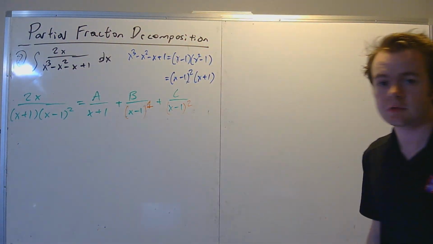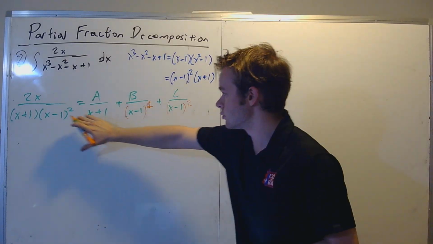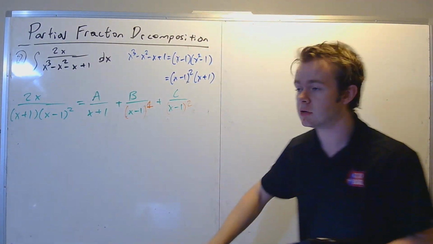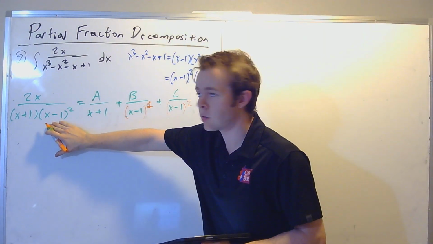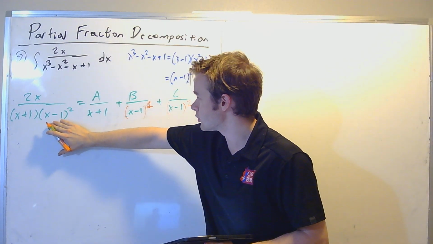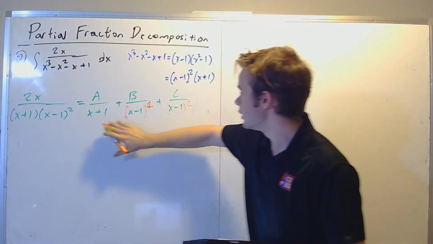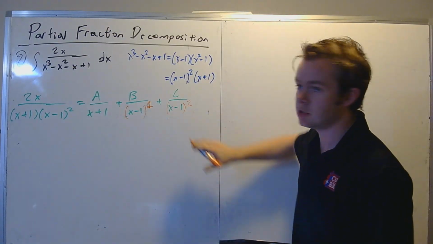Okay. So notice here, we copied down the first factor, that's how we do it. And then notice here, this is squared. So the way we deal with powers in the denominator is we just keep writing each factor.